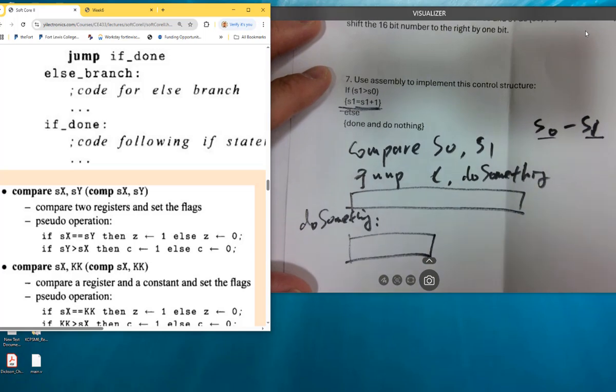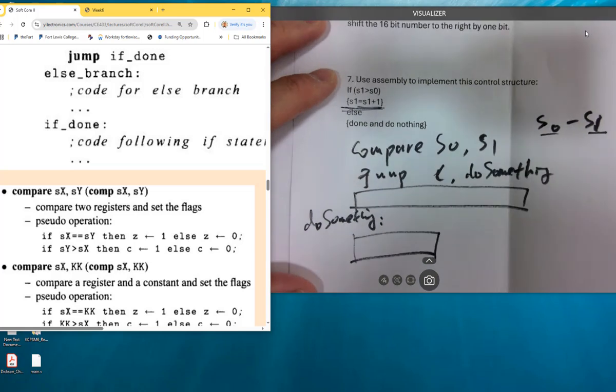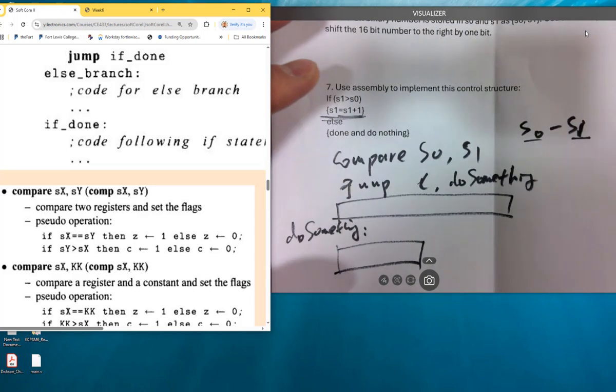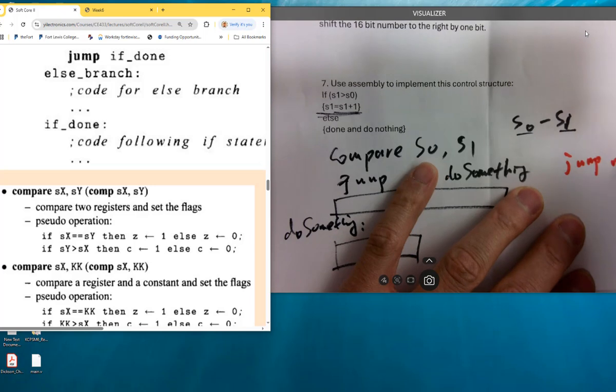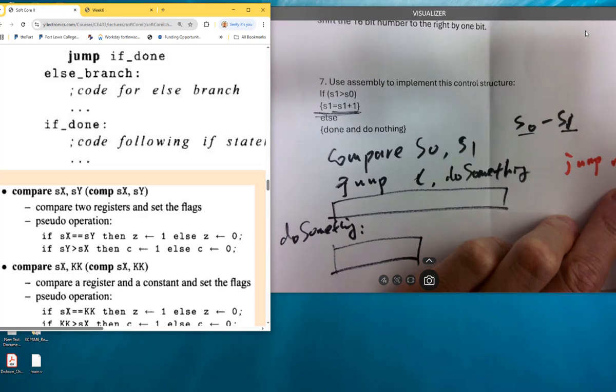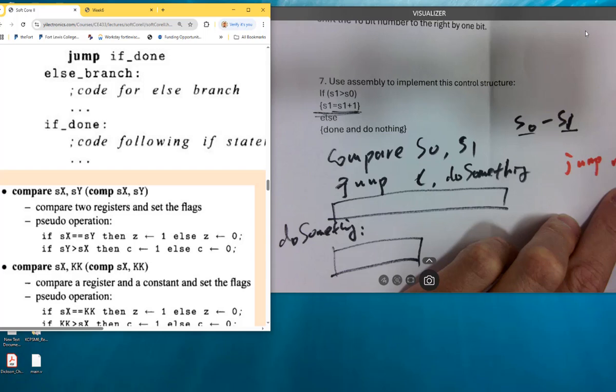Wait, can you do jump NC instead? Yeah, jump NC. Let's see. If it's jump NC, it just jumps when it could be equal or larger than that, right? So there will be two cases.